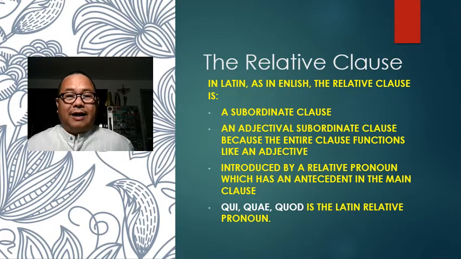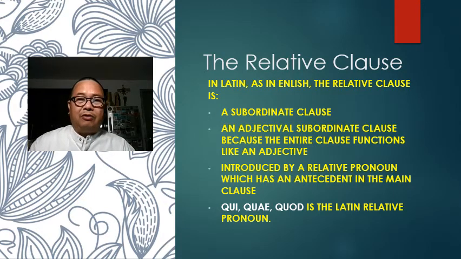I do not ask you to memorize qui, quae, quod, although if you memorize it, it's much better. But I do not require you. What I require is that you get familiar with it and you know the place in your grammar books where you will find the complete declension, or what we call the paradigm, of the relative pronoun qui, quae, quod.